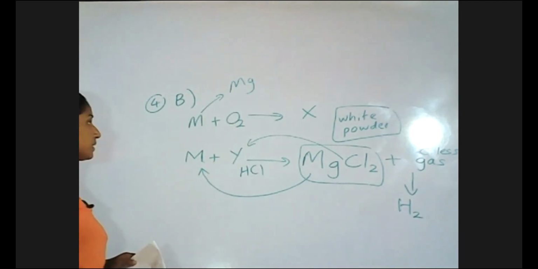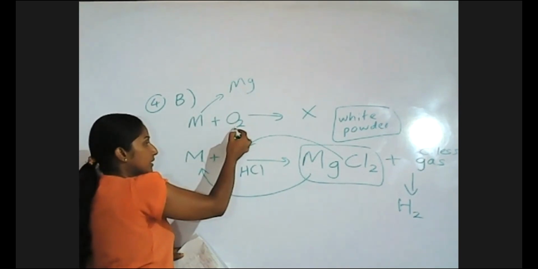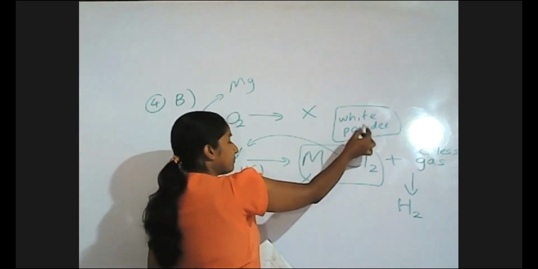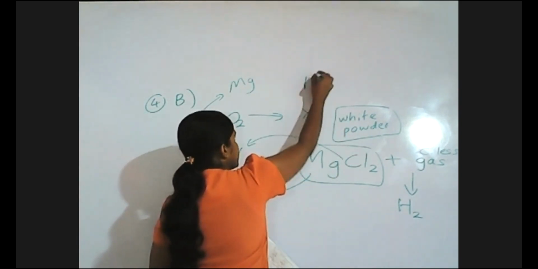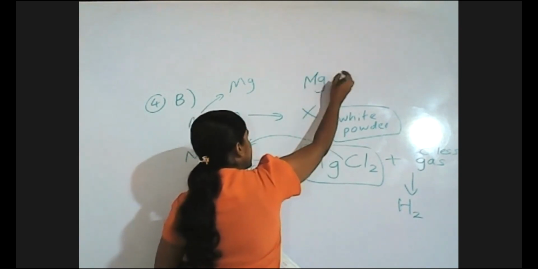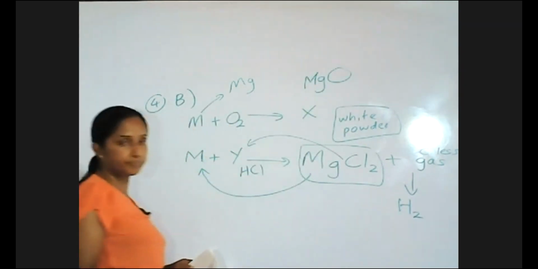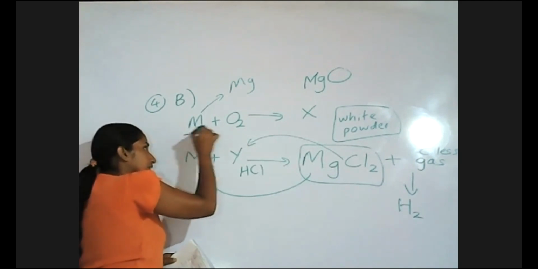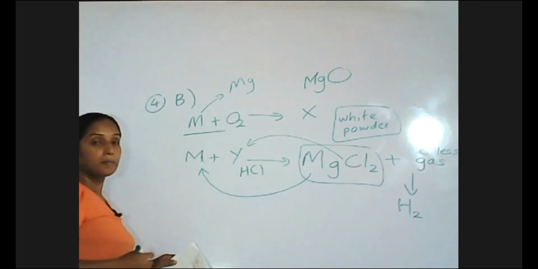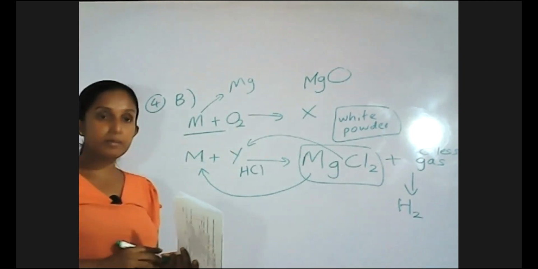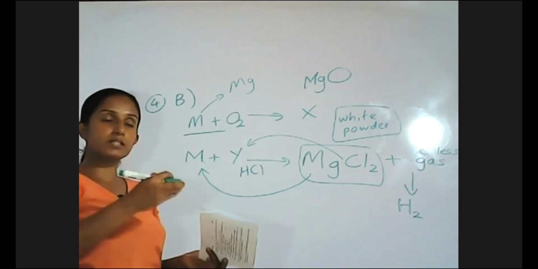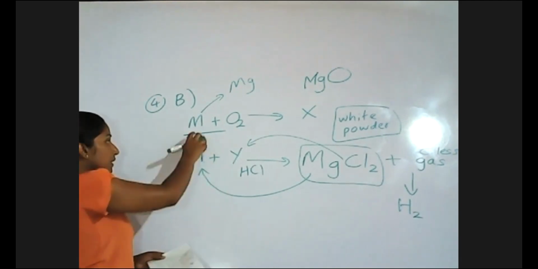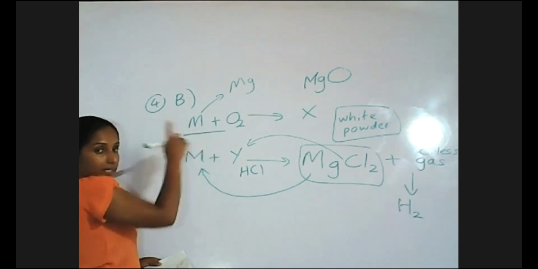M is magnesium. Then M reacts with oxygen gas and forms a white color powder. What is that? That is magnesium oxide. Reacting M with oxygen means burning a piece of magnesium in air. Burning means it reacts with oxygen gas. What is the flame?